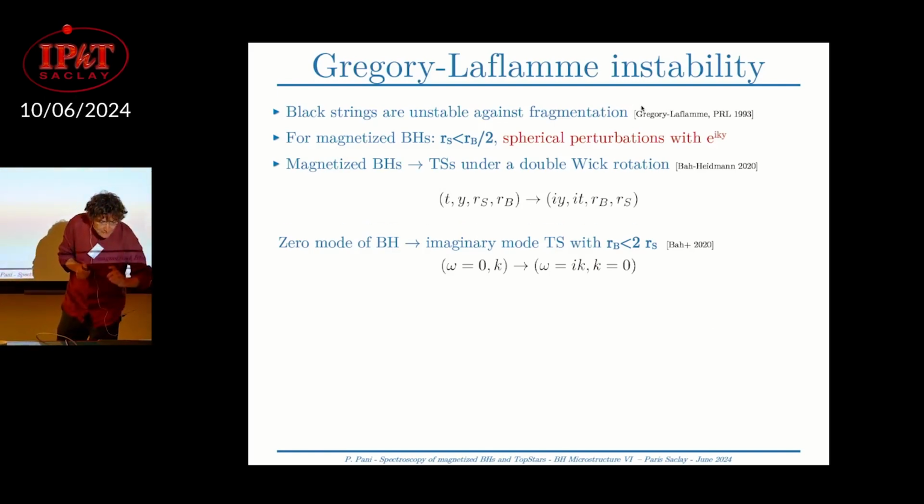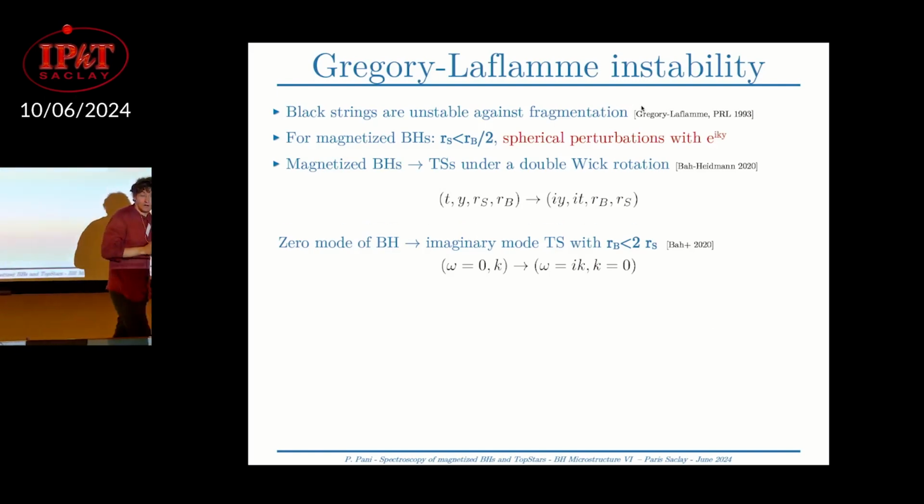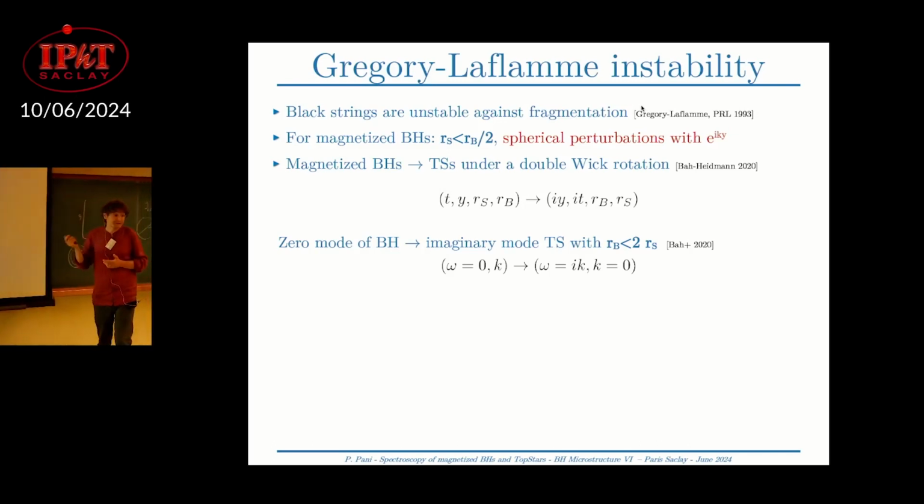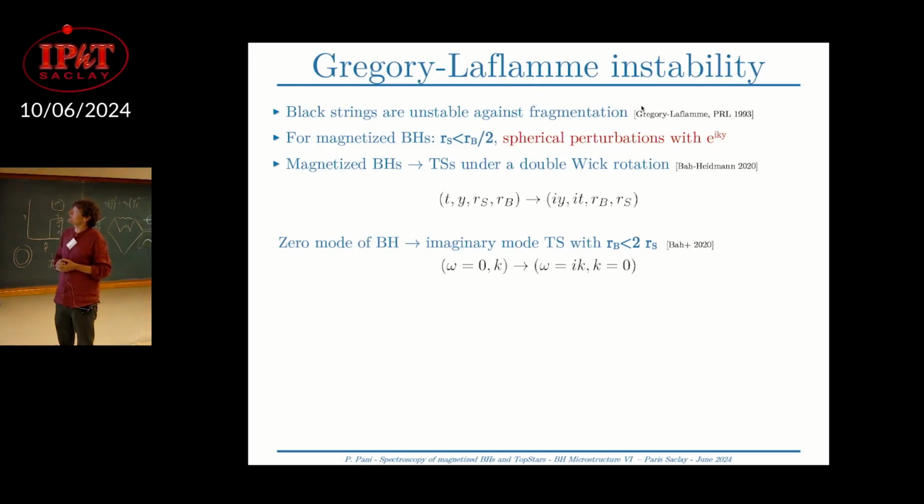Okay, so let me spend a few words on the Gregory-Laflamme instability, since we talk about that. We know that black strings are unstable against fragmentation, and for magnetized black holes this happens in this region of the parameter space for spherical perturbations. So this is l equals 0 perturbations with Kaluza-Klein momentum k. Because the background is independent of the extra dimensions, you can Fourier transform and have an extra parameter in your model.